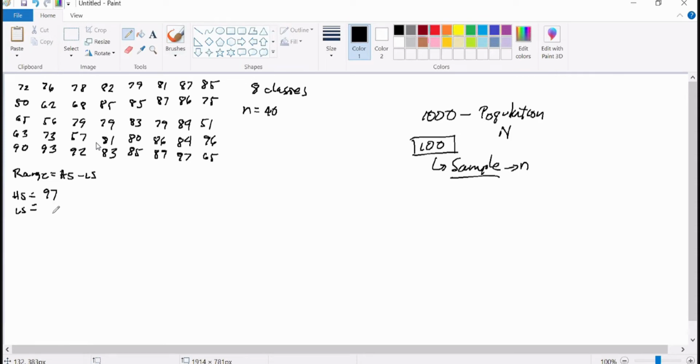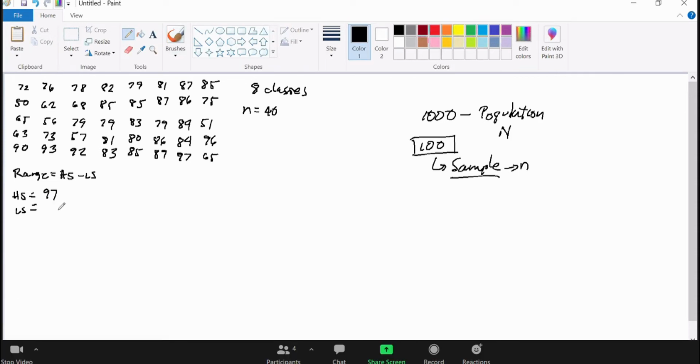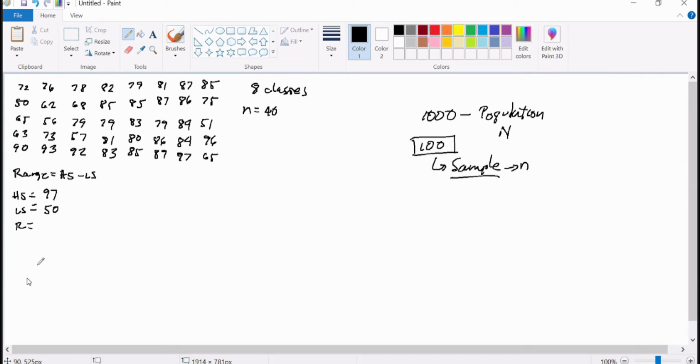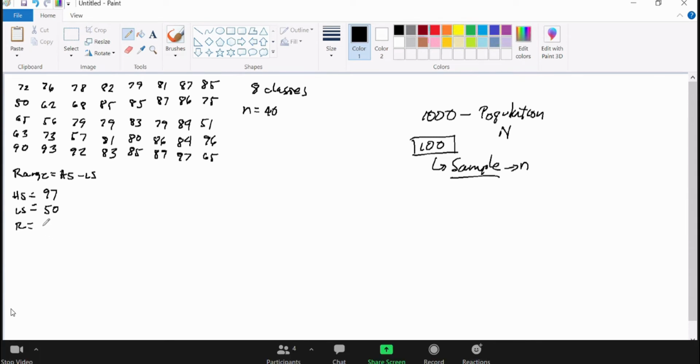Lowest score, 50. So our range R is going to be equal to 97 minus 50. So range is equal to 47.